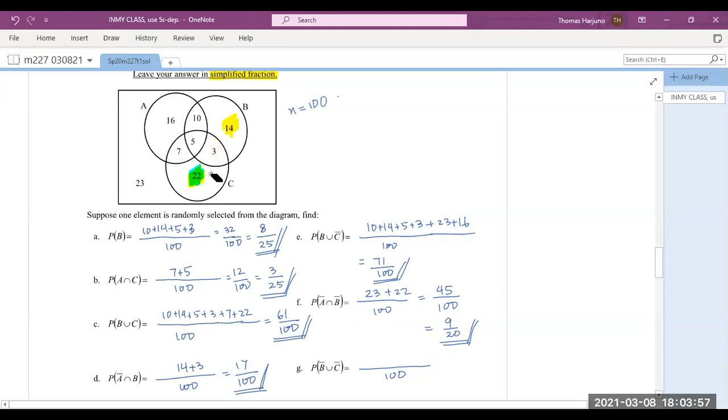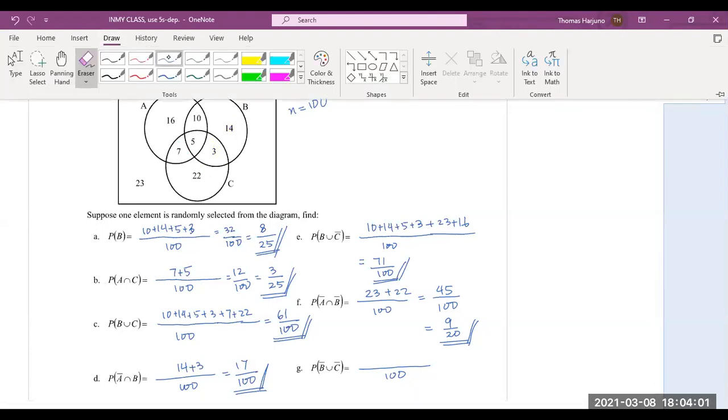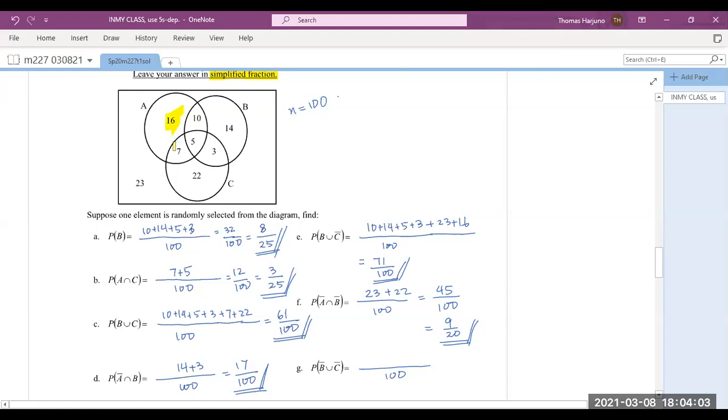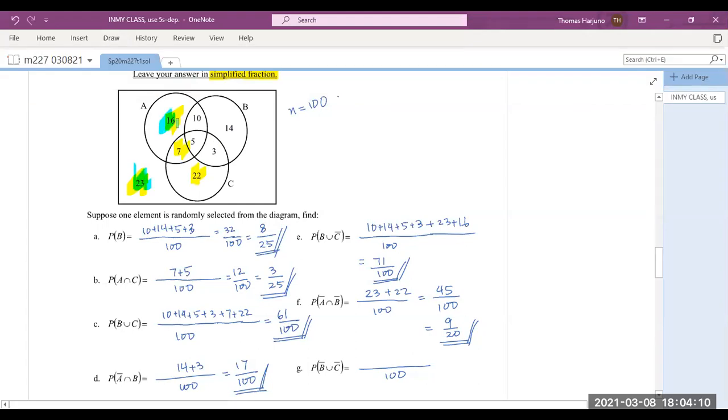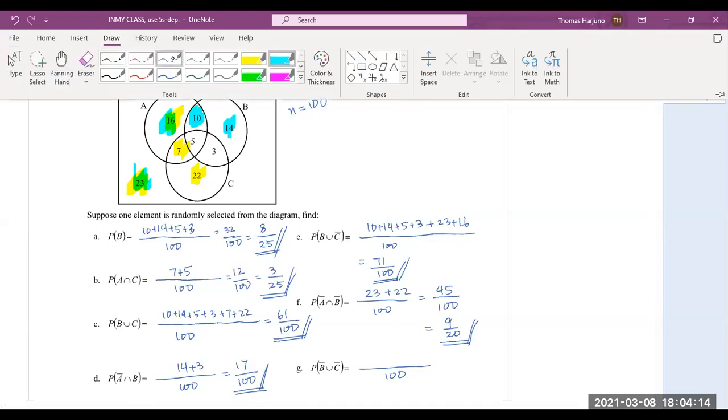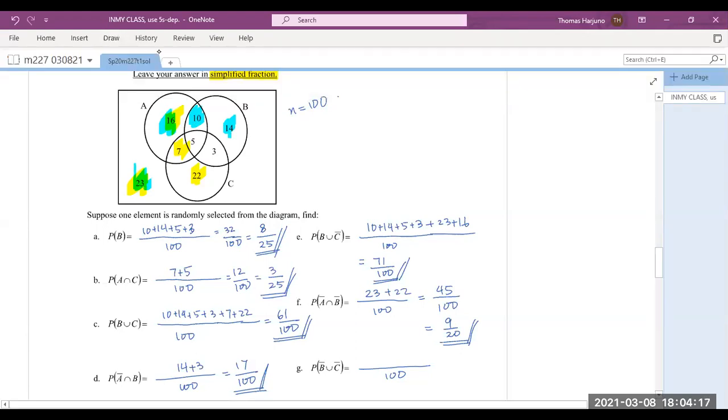Okay, furthermore, part G, probability of outside of B or outside of C. Outside of C is an or. Outside of B, that's 23 plus 7 plus 22 plus 16.